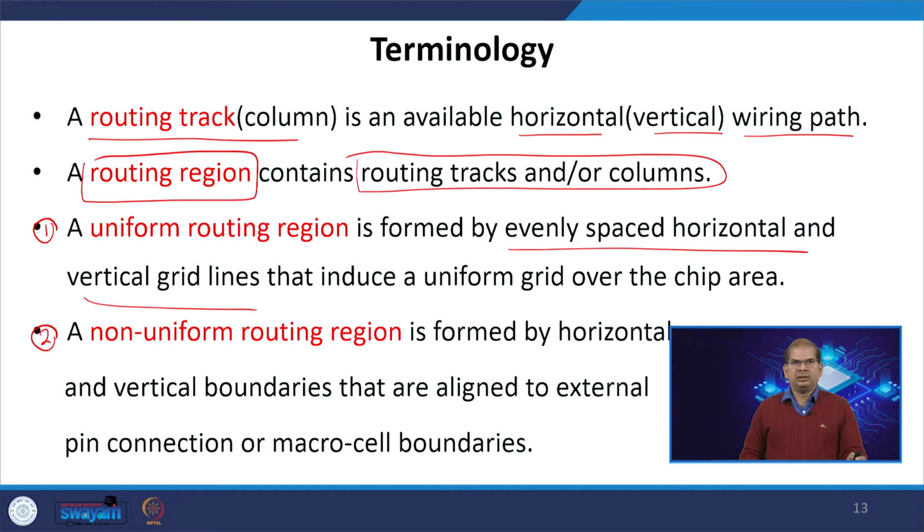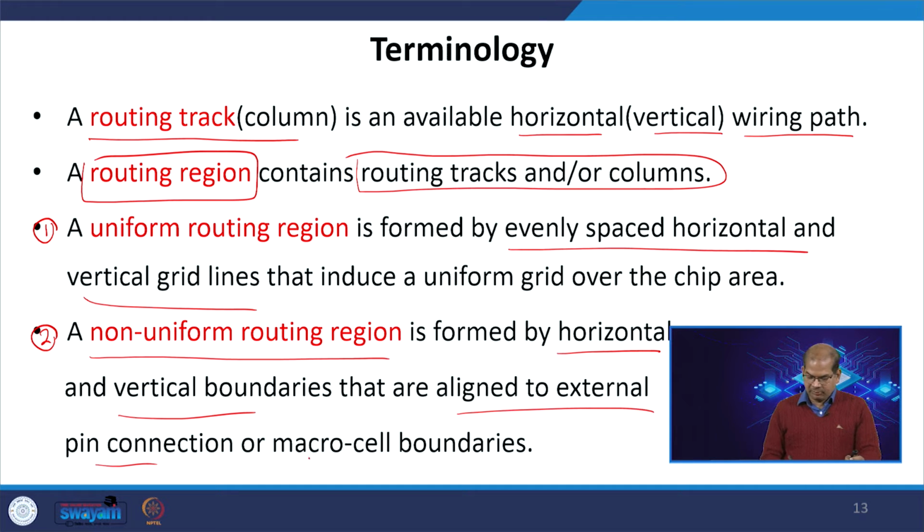A non-uniform routing region is formed by the horizontal and vertical boundaries that are aligned to external pin connections and macro boundaries. So, non-uniform routing regions are formed when the routing regions depend upon the external pin connections or the macro cell boundaries.